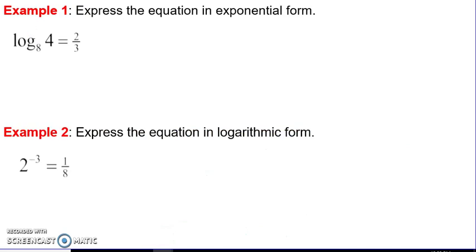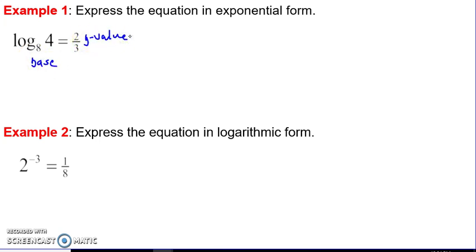Example 1 says express the equation in exponential form. That means that our base is going to become our a value, and then the exponent, which is our y position, is going to become our exponent. So recognize that this is the base and this is your y value.